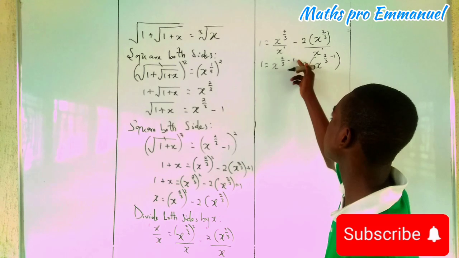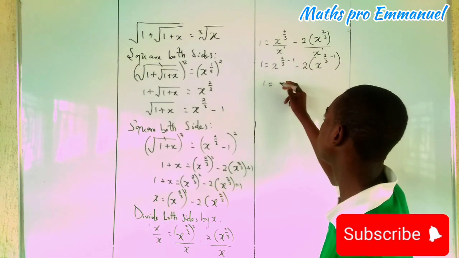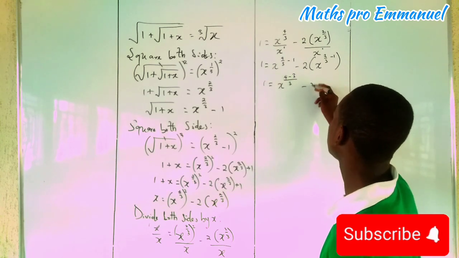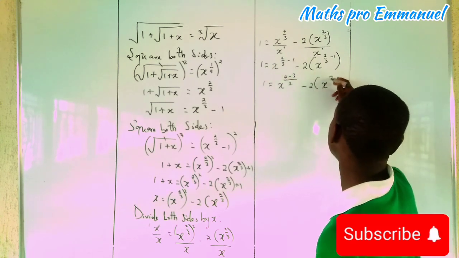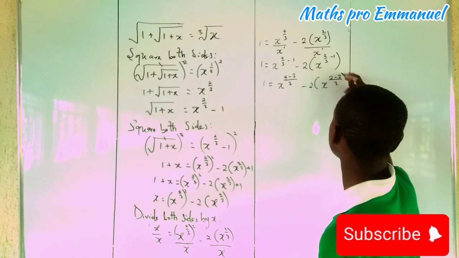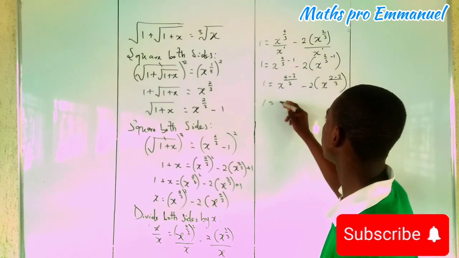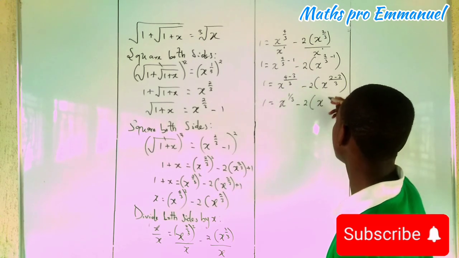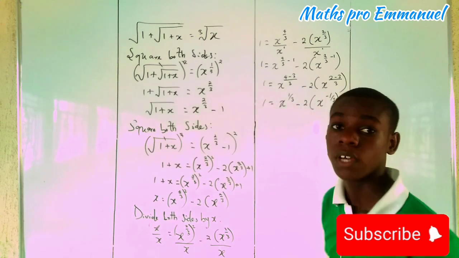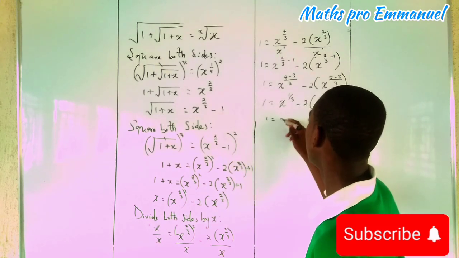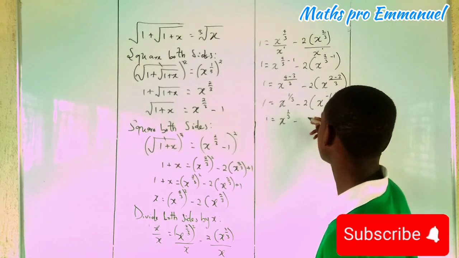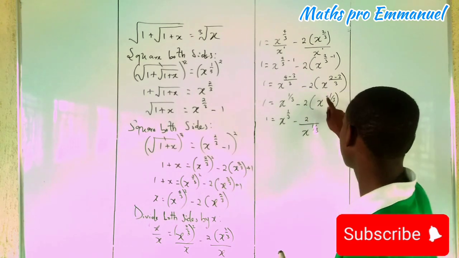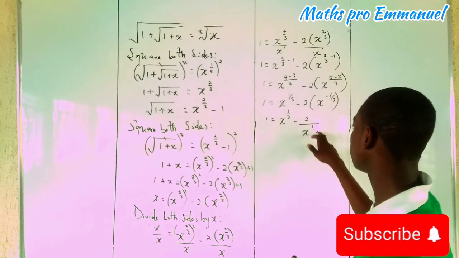Now let's simplify this fraction, and 1 will be equal to x raised to the power of 4 minus 3 all over 3, minus 2 into x raised to the power of 2 minus 3 all over 3. Now we have 1 equal to x raised to the power of 1 over 3 minus 2 into x raised to the power of minus 1 over 3. And now 1 will be equal to x raised to the power of 1 over 3 minus 2 all over x raised to the power of 1 over 3, because of this minus, it's 1 all over x raised to the power of 1 over 3.